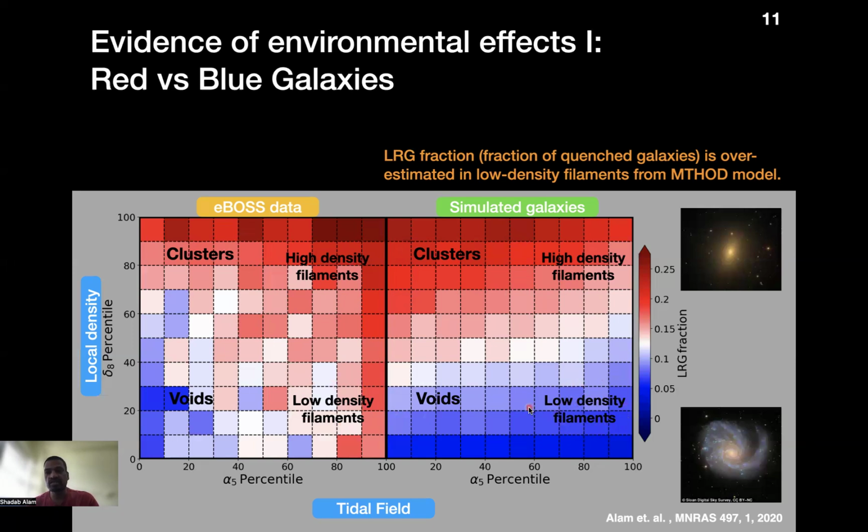So that's the first example I wanted to show, that there are now hints that these kinds of effects are pretty significant in a very large survey, which was not that clear in earlier surveys. And so thinking about what kind of additional environment these galaxies must care about in their color to reproduce this is an interesting exercise which we are still trying to do.